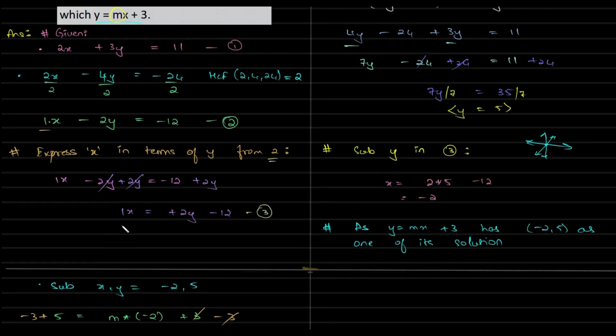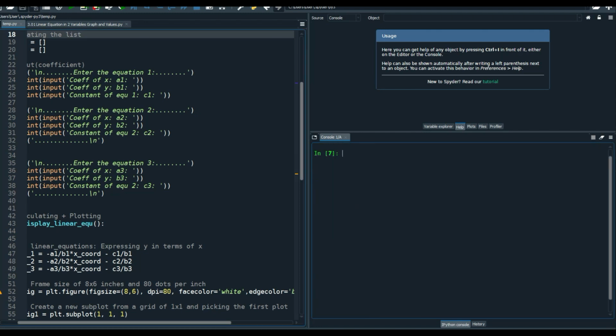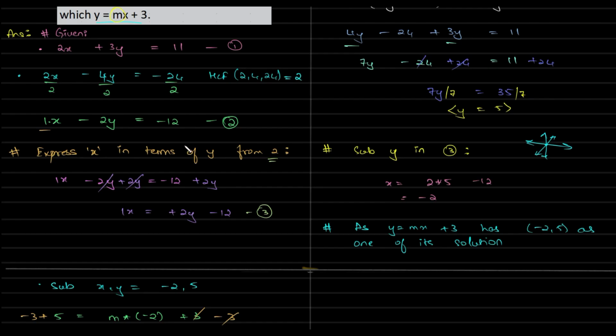Now, let's plot this and I'll show you what they actually meant. What I've done here is modify the code so that it takes in 3 equations' coefficients and shows us the plot. So let's begin with the first equation, 1, minus 2 and 12.